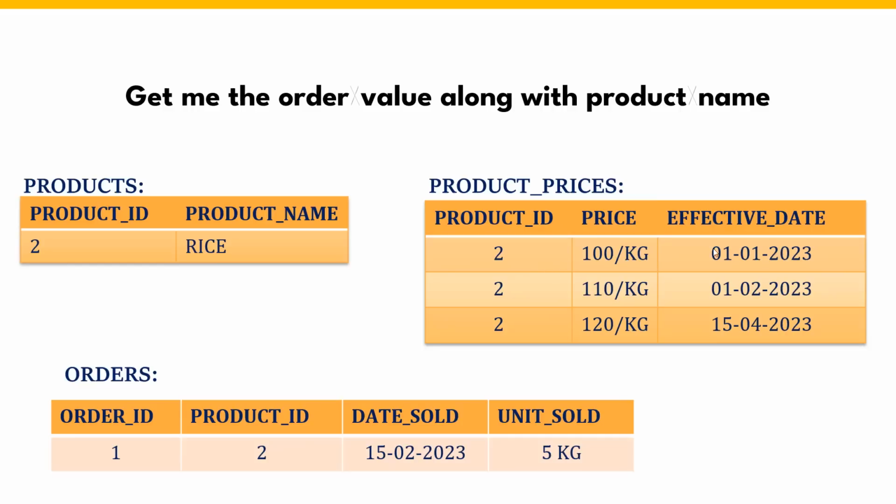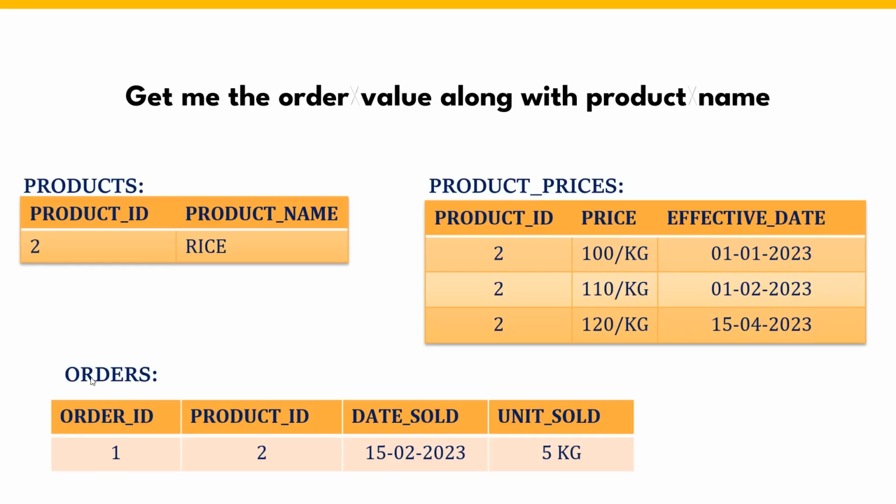Here, for product 2, the price is 100 rupees per kg effective 1/1/2023. On the 1st of February, it becomes 110. And after the 15th of April 2023, it is going to be 120 rupees per kg. So this is the thing which we have.